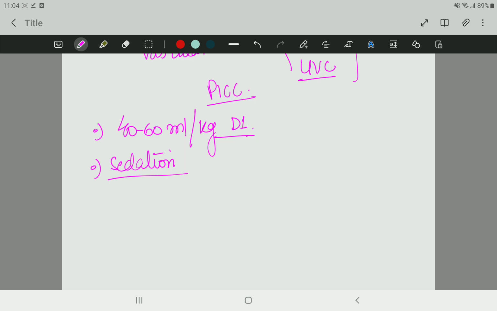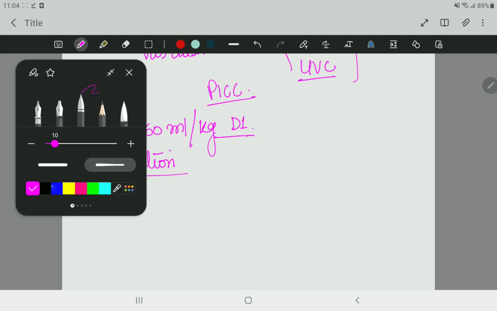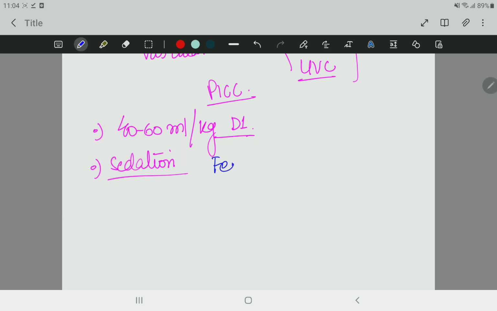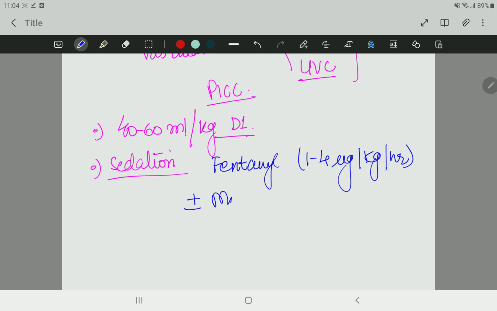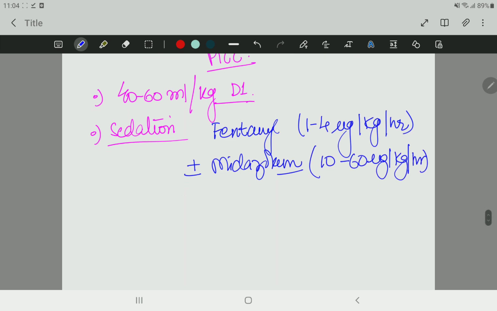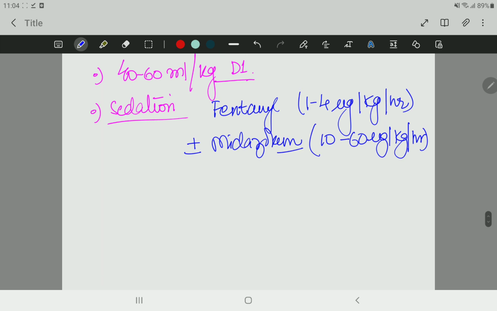The dose for fentanyl is around 1 to 4 microgram per kg per hour, and plus or minus midazolam can be given, around 10 to 60 microgram per kg per hour. Avoid paralytic agents because this is going to affect the ventilator mechanism.